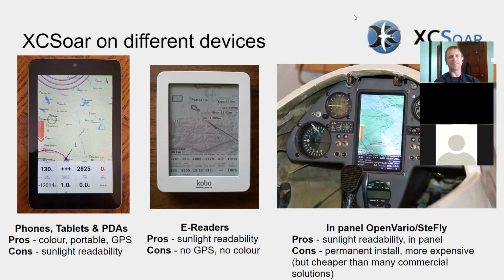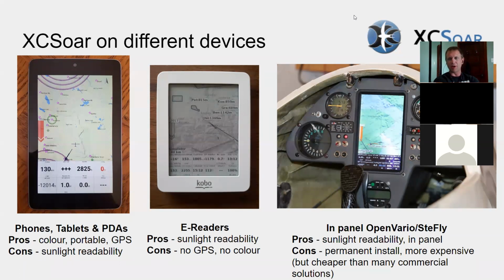Although just recently there's a couple of phones that came out with e-reader type screens that have GPS and have color, but they're still pretty new, and I've heard some good reviews of them so far, but I haven't tried them, and before I would go out and buy one, I'd want to hear a few more reviews of those.